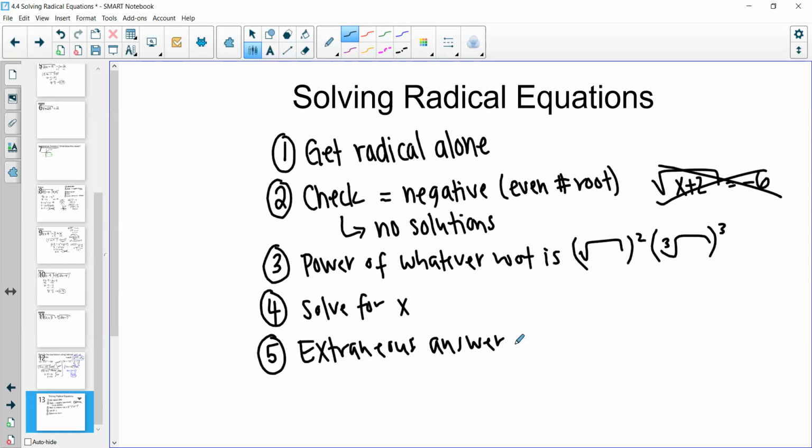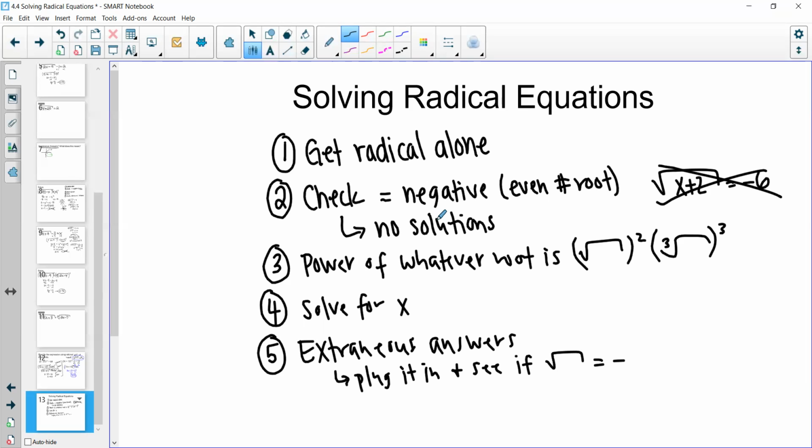Again, remember, we check for those extraneous answers by plugging it in and seeing if we get a square root equal to a negative number. If we get a square root or fourth root equal to a negative, then that is not a solution, as we know because we checked it in step 2. So make sure that we run through that process by substituting it in and seeing what we get.